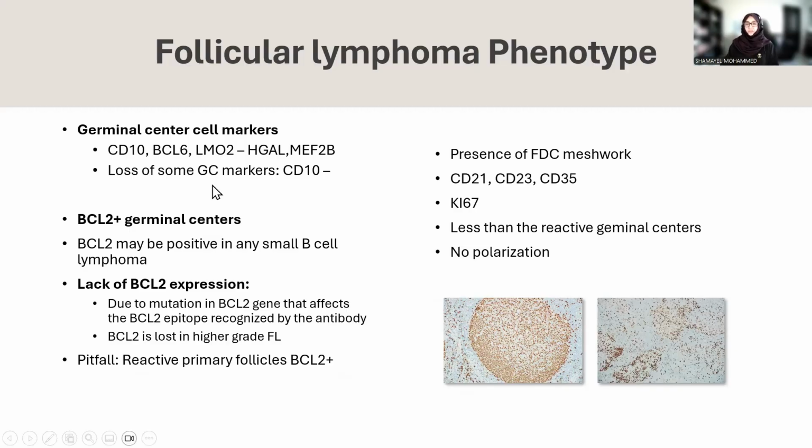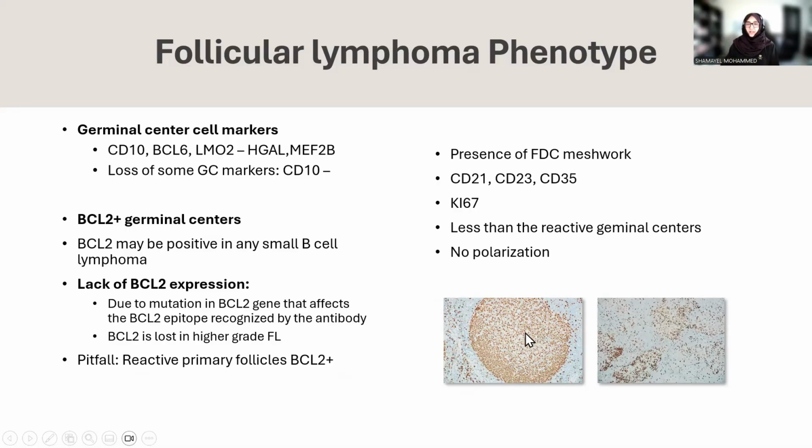The next immunophenotypic finding is the presence of a follicular dendritic meshwork that can be seen by CD21, CD23, and CD35. So use any, or use them in combination, to express the follicular pattern. You can use Ki67.